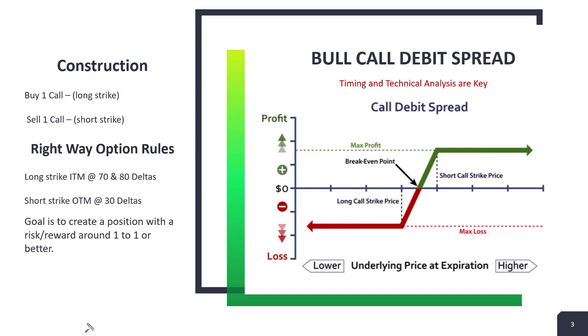Oftentimes you'll see folks that put together debit spreads that are so tight in price, they're actually risking far more money than they can make. And isn't it funny? We will argue. I'll put out a trade, and someone will argue, "Hey, that doesn't have X amount of potential reward based on the risk."